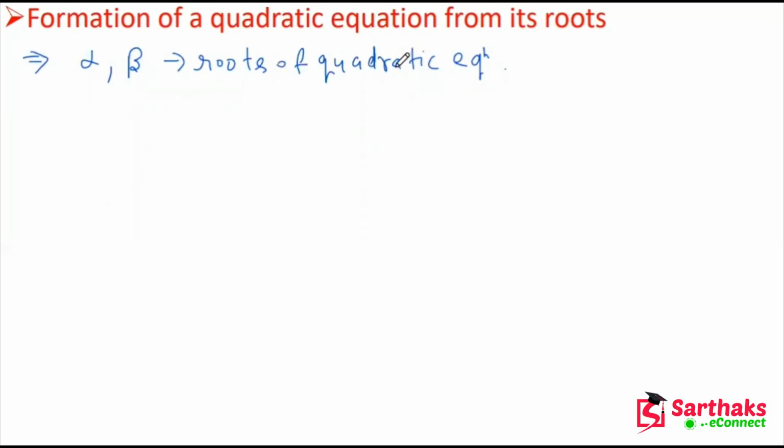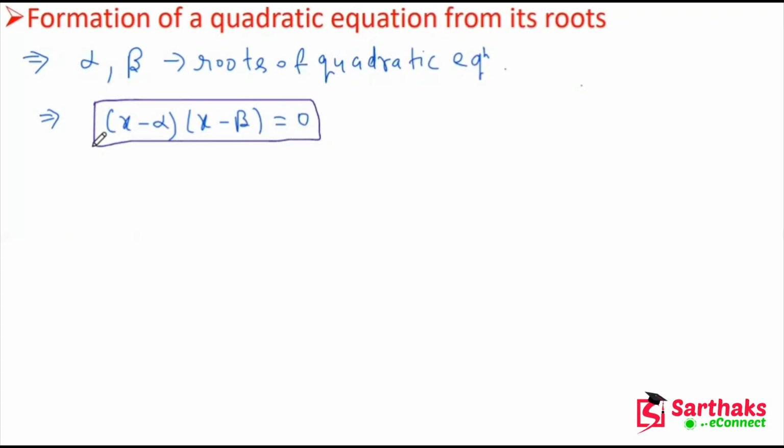For finding this equation, we can apply this: x minus alpha into x minus beta is equal to 0. We can do it directly. With the help of this, we can easily find the quadratic equation.